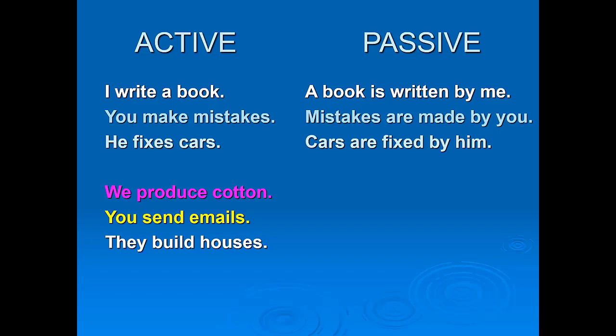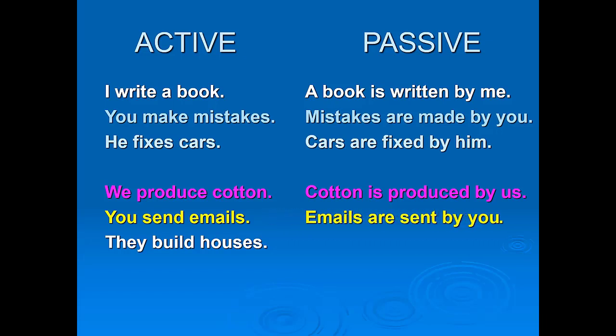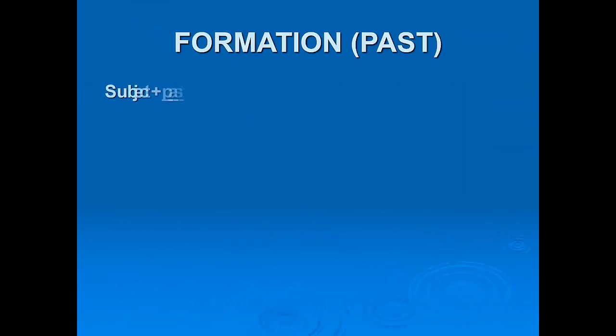So the right way to change it is, yes, you're right, cotton is produced by us. Then we send emails. Of course, we will start with emails. So the right answer is emails are sent by you. Then they build houses. So houses are built by them. Right? Let's move on to the past.